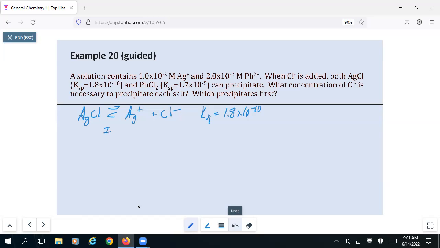If my initial concentration is 0.01, now, chances are pretty good that this is a 5% candidate.